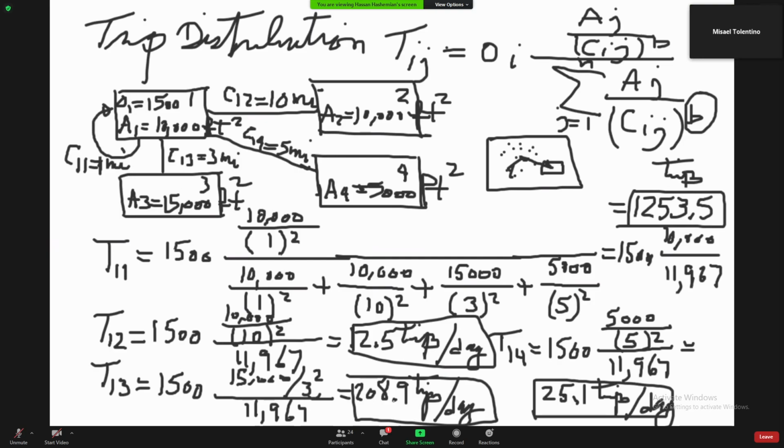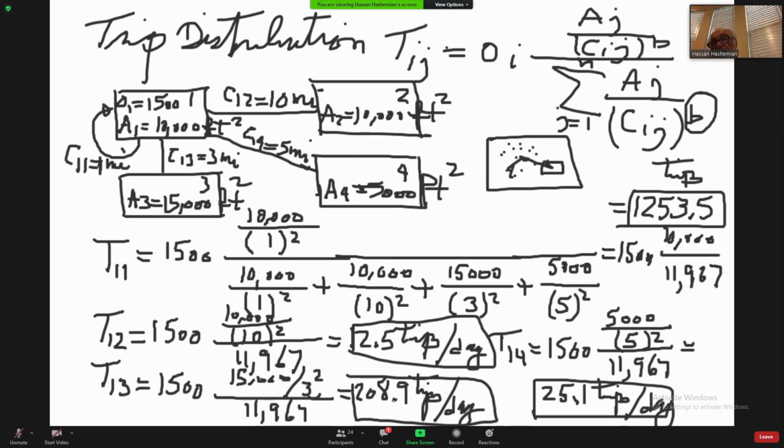What about if you start from 2 instead of 1? Would it be different, or you cannot start from 2? Well, zone 2 doesn't have any trips produced. So we start with the zones that have trips produced. First you have to produce the trip, so there should be people who want to go shopping. Here that is only in zone 1.